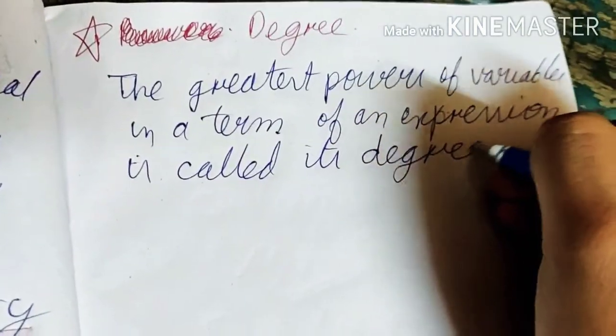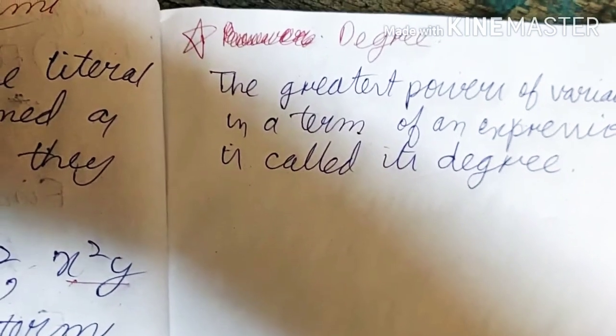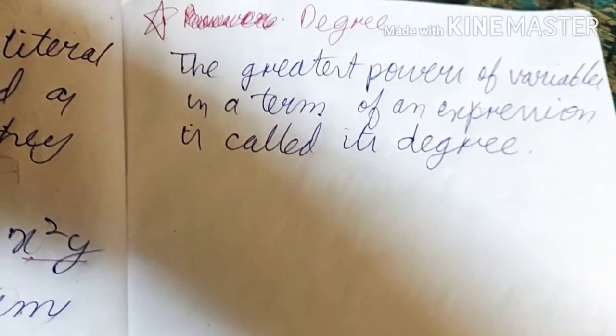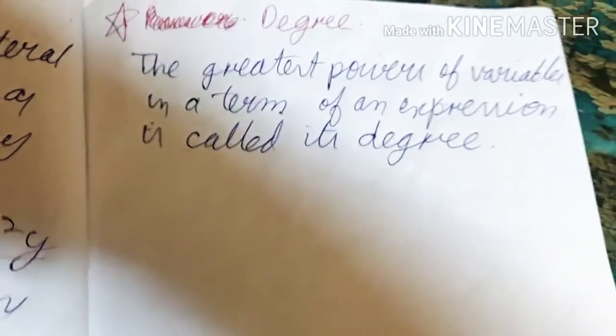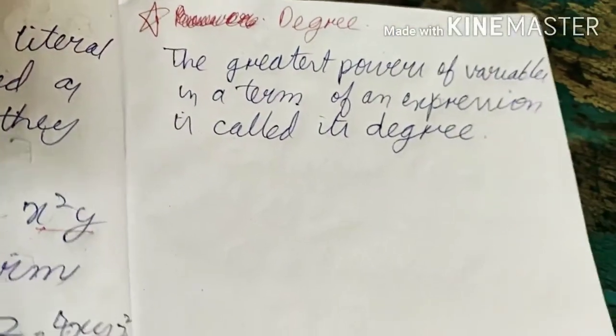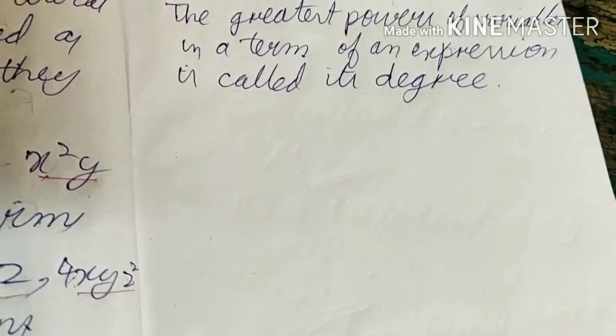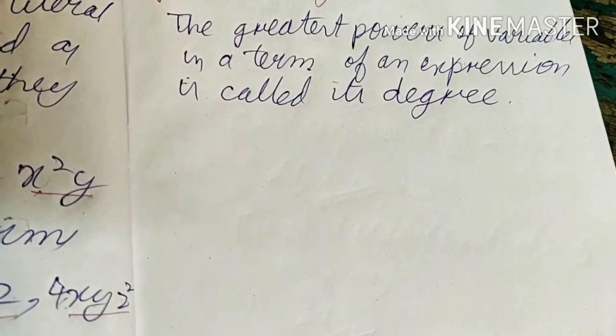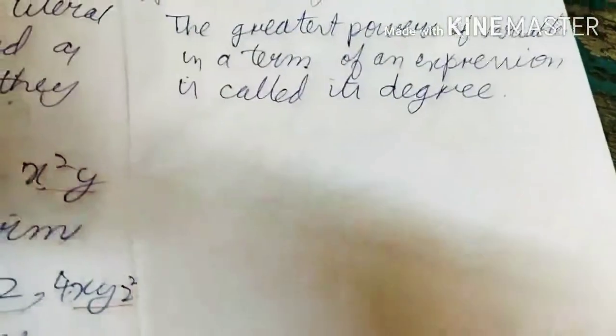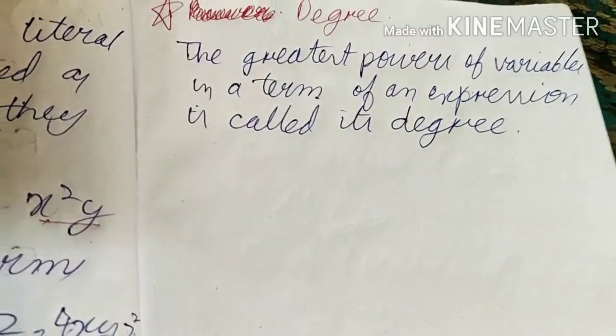What does this mean? In an expression, we will calculate the power of each term, and see which number is greatest. The number that is greatest is called the degree of that expression.